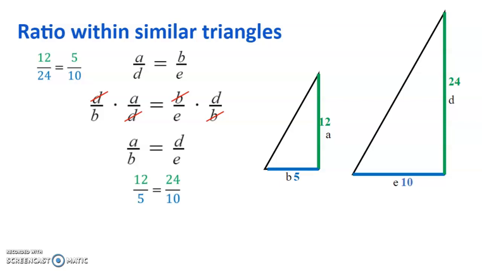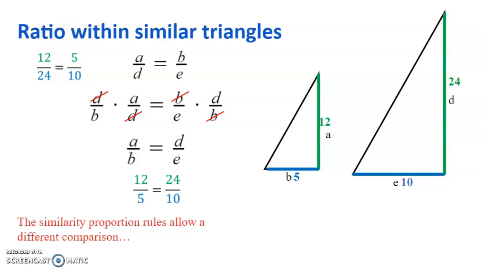If I did the same thing here, 12 over 5, is that going to be the same as 24 over 10? Well, this does work out. 12 over 5 is 2.4, and 24 over 10 is also 2.4. So the ratios are exactly the same, as we've also derived in the equation ourselves.